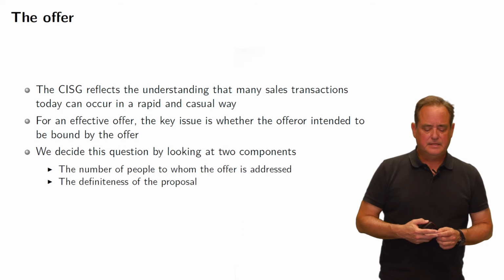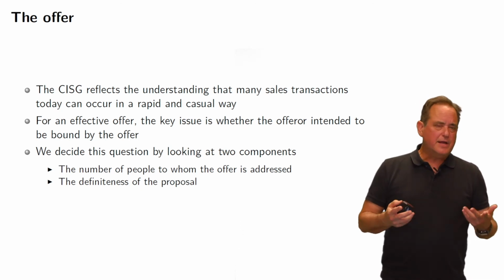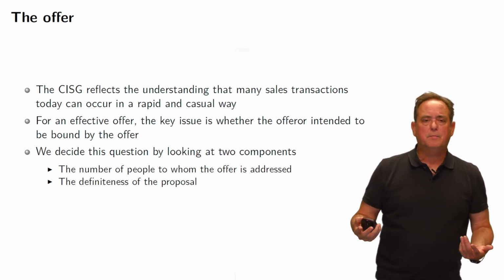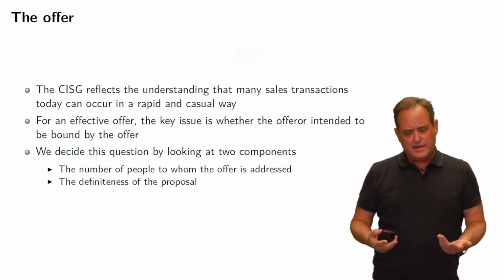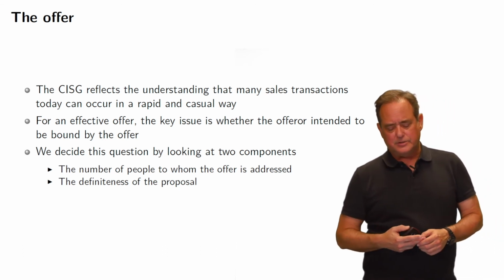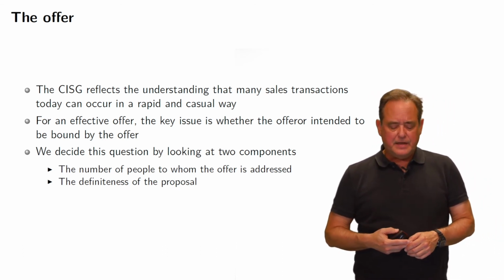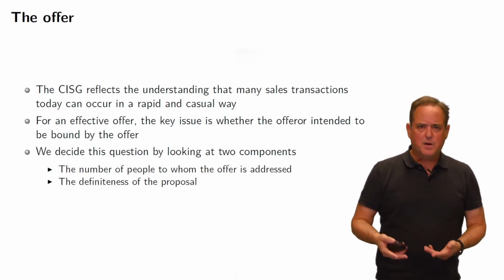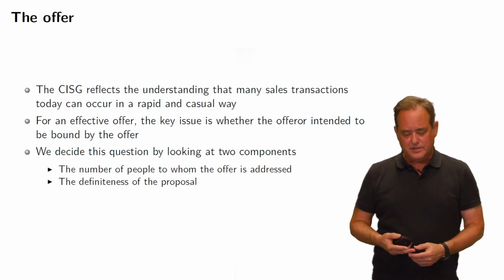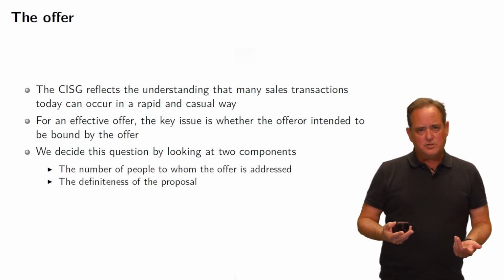an offer. Now, if instead we had a case where the German seller tells an American buyer, we'll give you a discount if you order a large quantity of toolkits, and the American buyer then responds by sending in an order for 100 toolkits at $45 each, is there a contract?